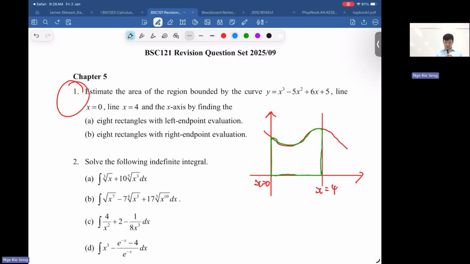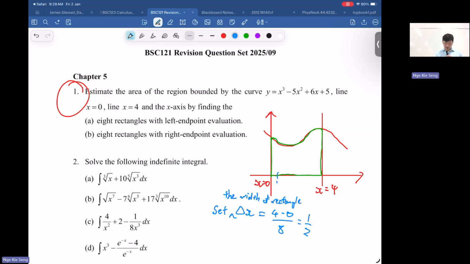So what's the rectangle here? Well, you just care about the rectangles that are equally distributed. Okay, so for example, you set delta x, which is the width of the rectangle, to be (4 minus 0) over 8, equally distributed.